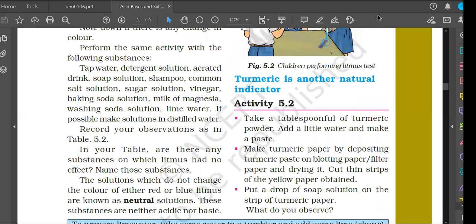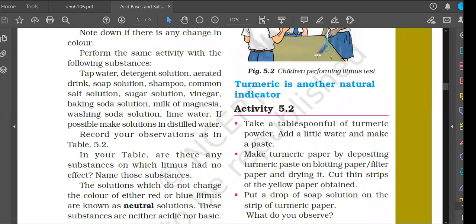But if both litmus papers do not change color, then the substance is neutral. It's neither acidic nor basic, like normal water.